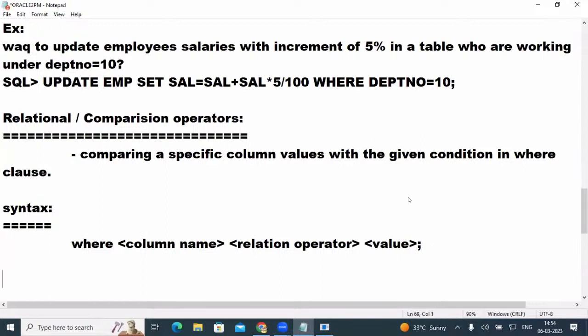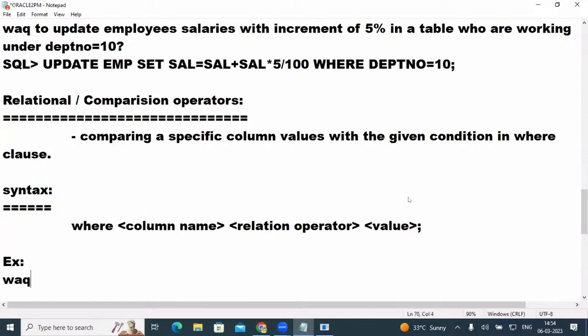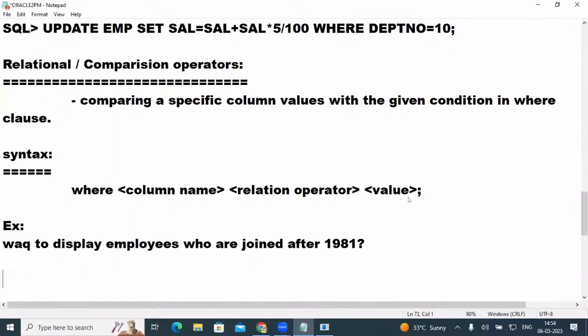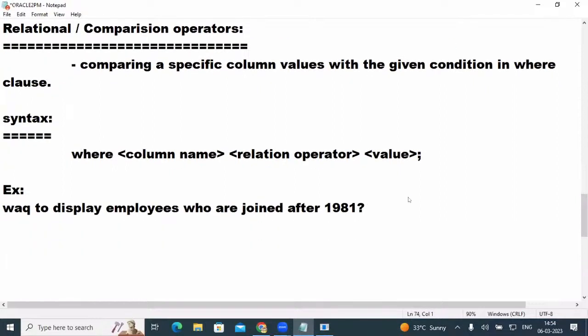Okay. So now take some examples on this. Write a query to display employees who joined after 1981.